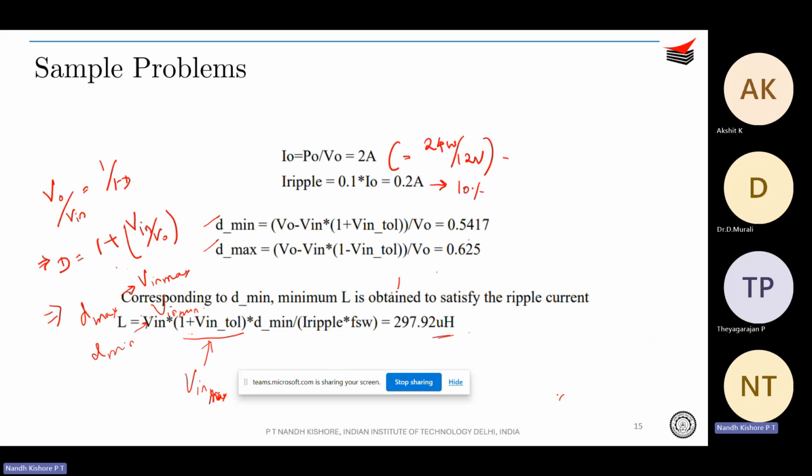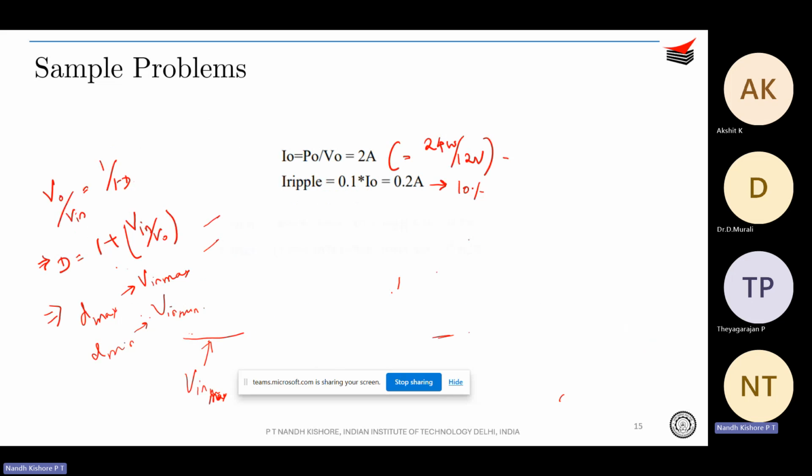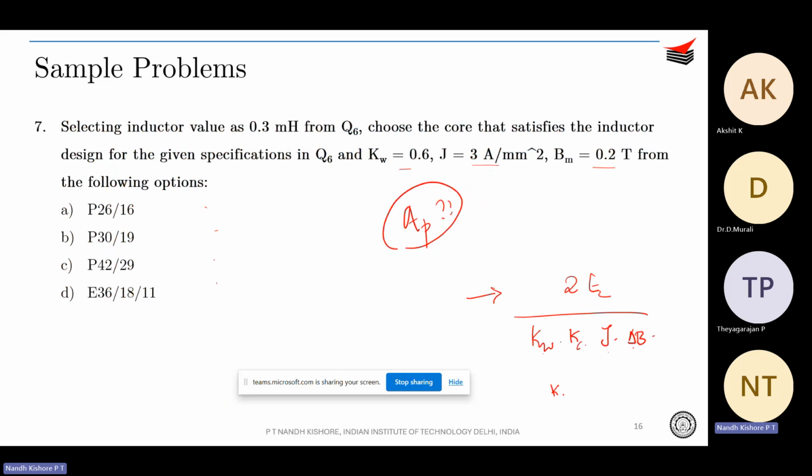You know that KC is basically your crest factor, which is I max or I peak value divided by I average, or I RMS as we call it. So from that you get your KC. EL is basically half Li square. So from that you calculate the area product.